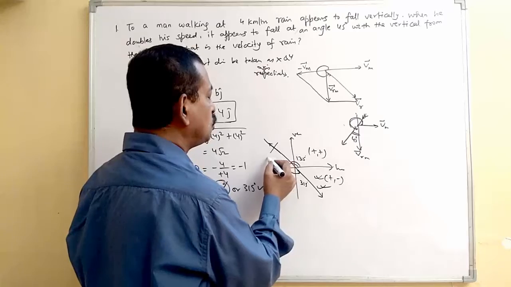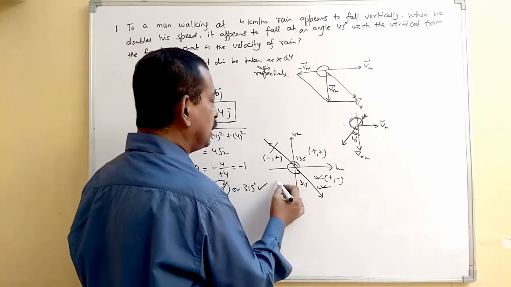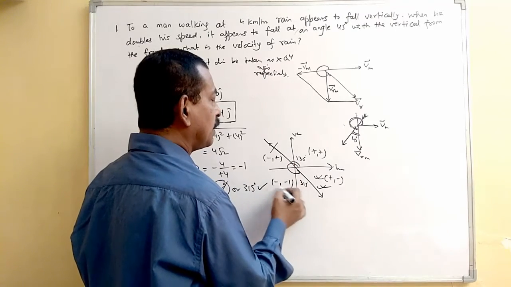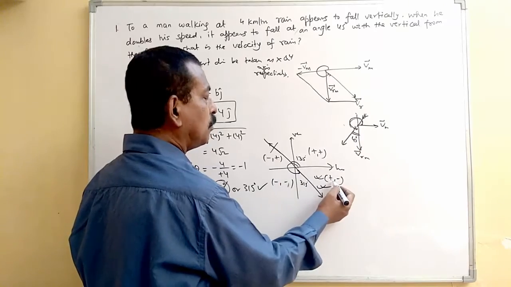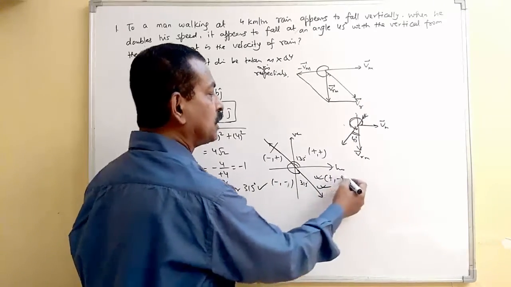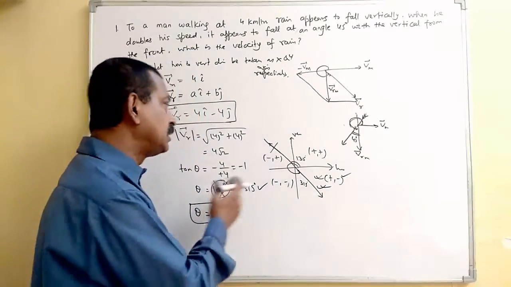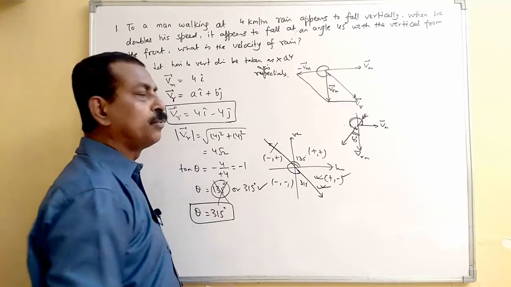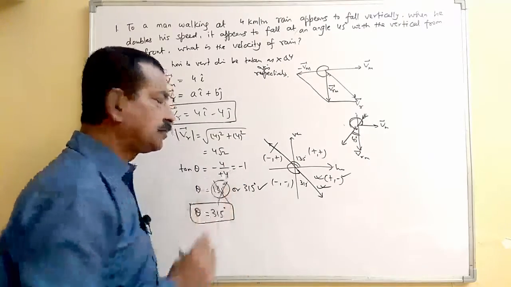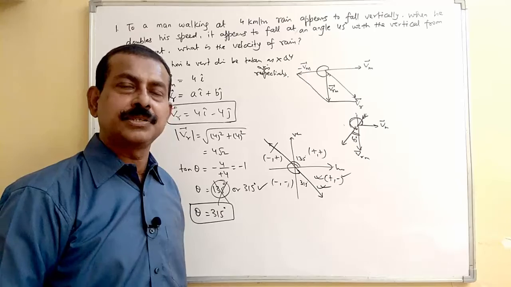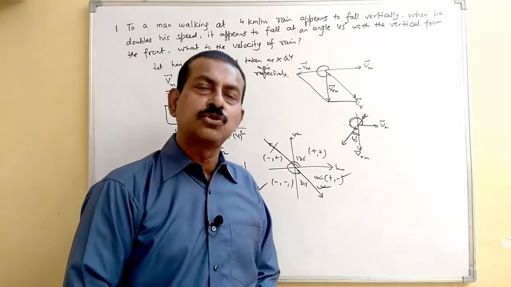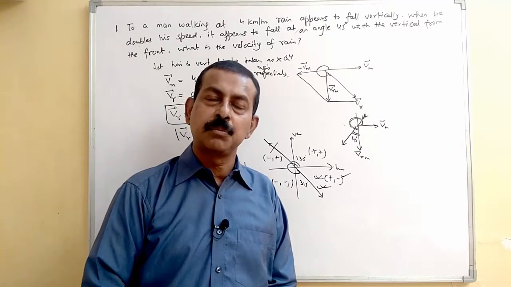Here it is negative and positive. Here both are negative. And here it is positive and negative. So it is in the fourth quadrant, so obviously this angle should also lie in the fourth quadrant. That is why 315 is the correct answer. So this way you can solve the numericals on a rain problem.